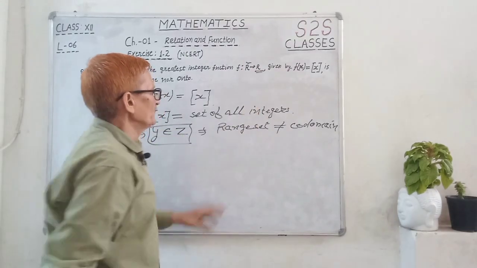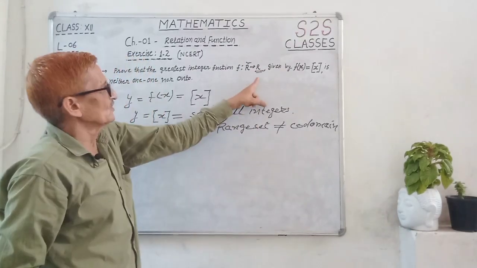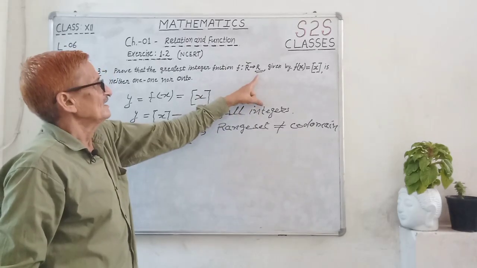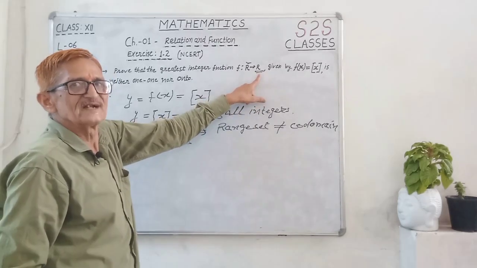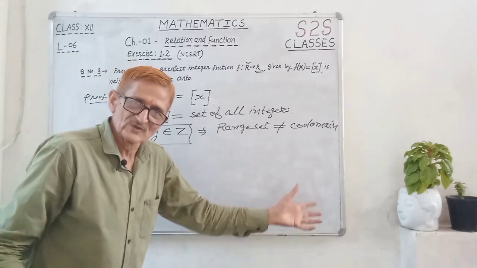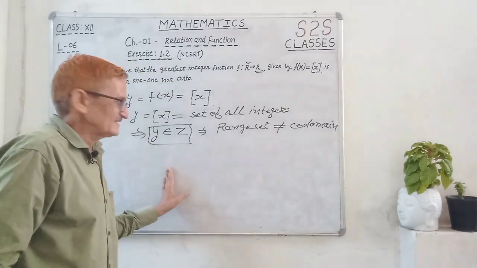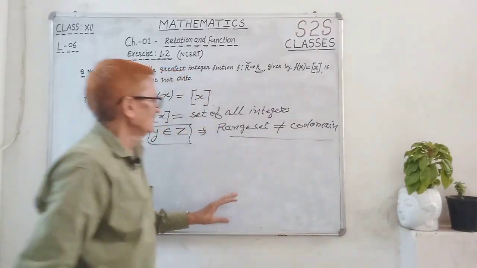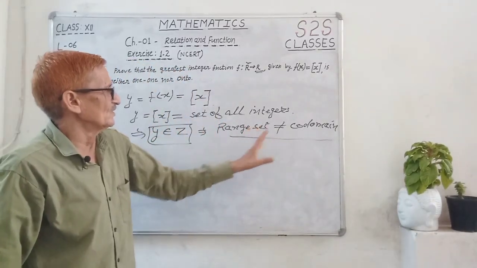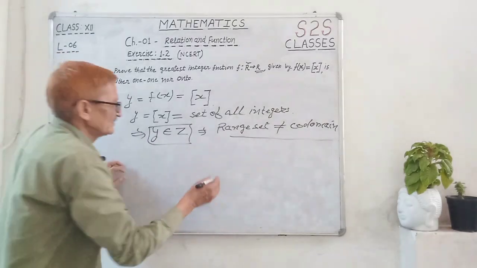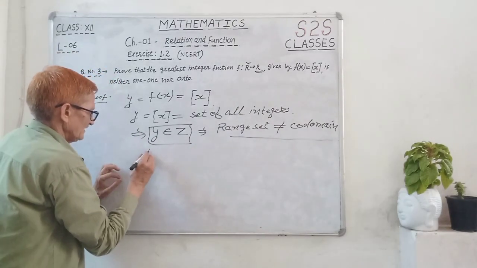The second set is the codomain set, and the range is always in the second set. So if the range is equal to the codomain set, then it is onto. If the range set is not equal to the codomain set, then it is not onto.